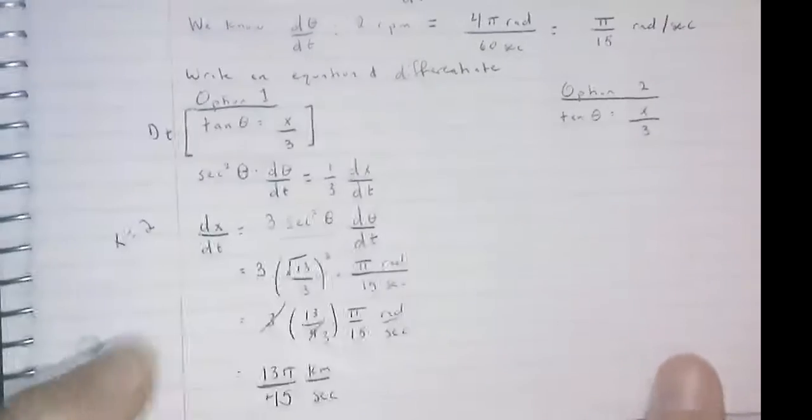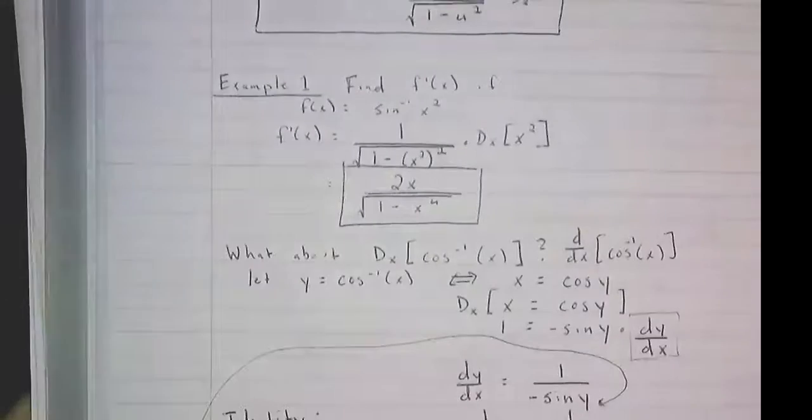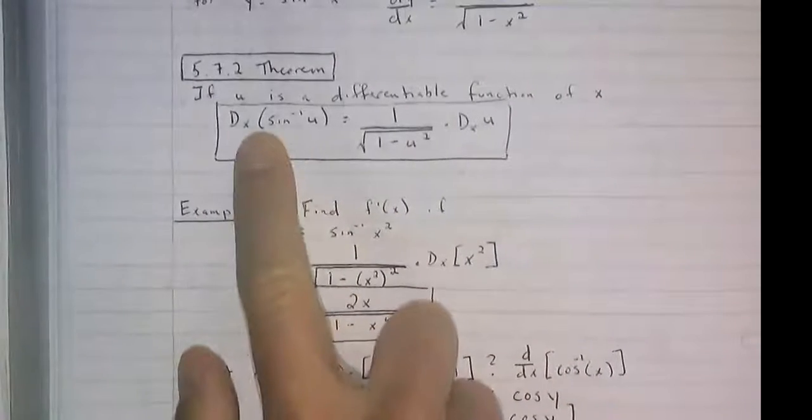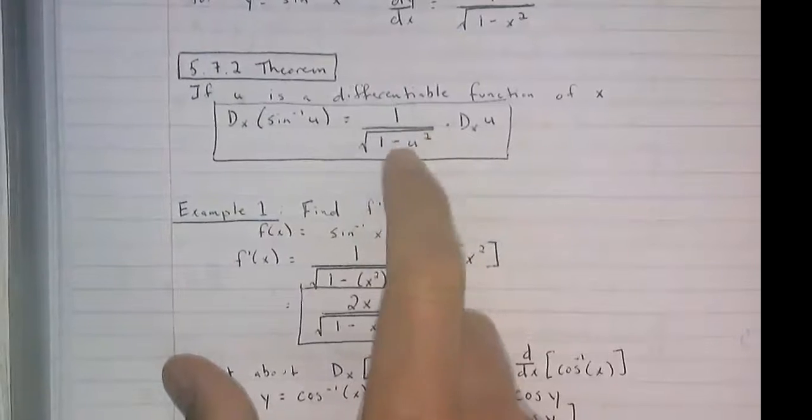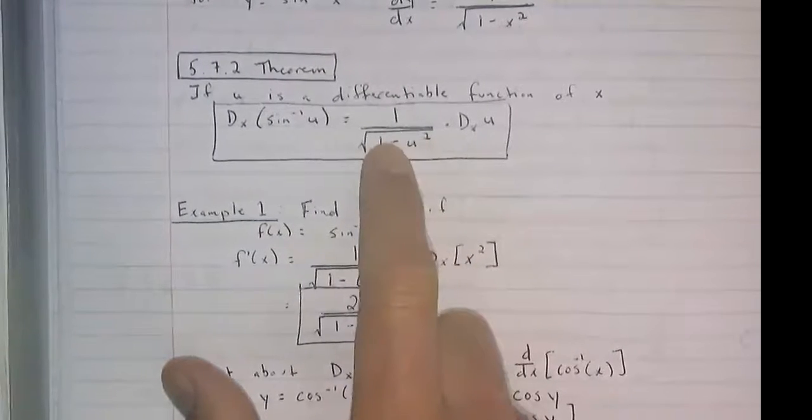I don't know if you noticed that, but all of our inverse trig derivatives eliminate the trig functions. What do I mean by that? If you look at all of our definitions, the derivative of inverse sine, there's no sine or cosine in here. It's just this inner function.